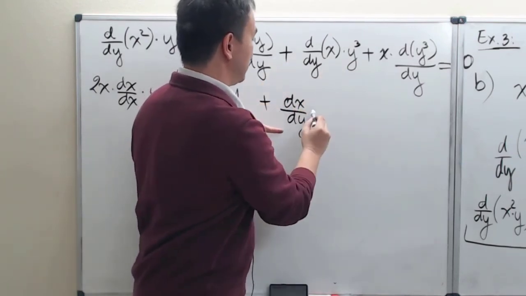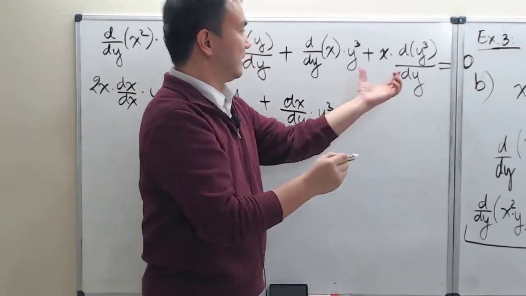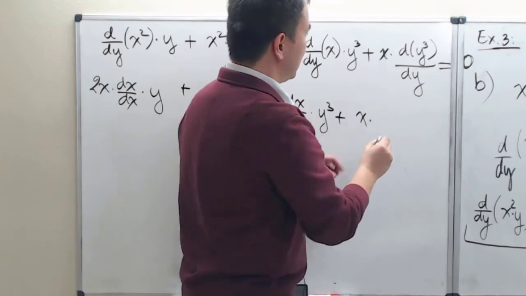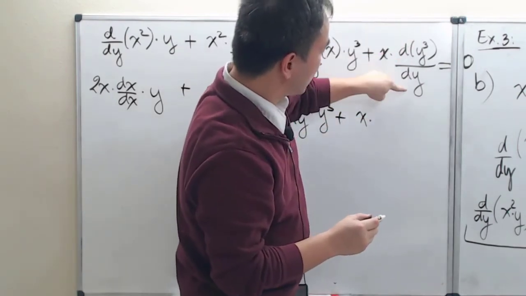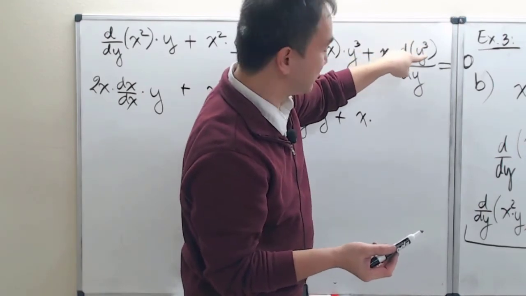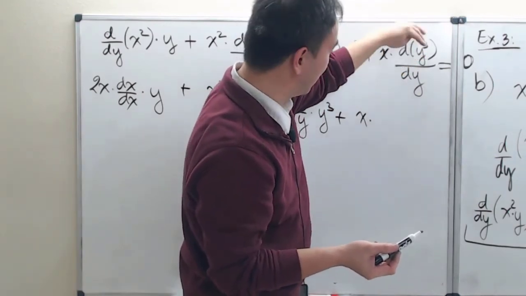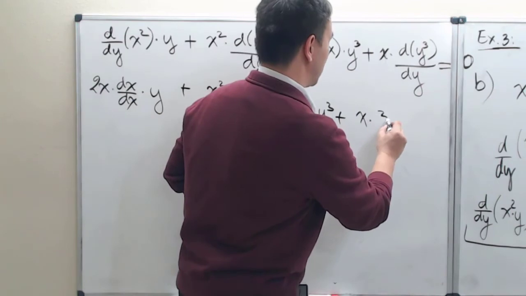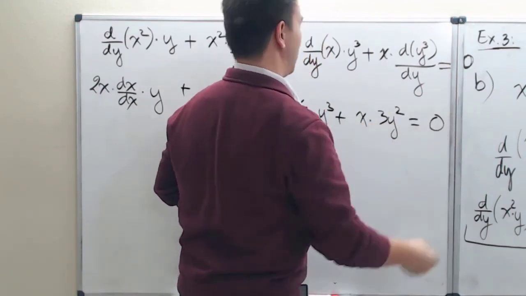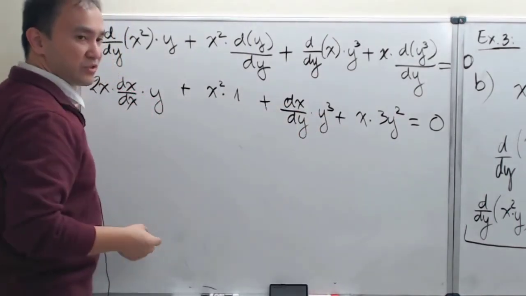That comes down for this, multiply with y cubed. And then all that there is now plus x times the derivative with respect to the y variable, and our expression is already in terms of y, so this is explicit here. We're going to take the derivative, so it's just 3y squared. So x times 3y squared. And all that there equals 0.